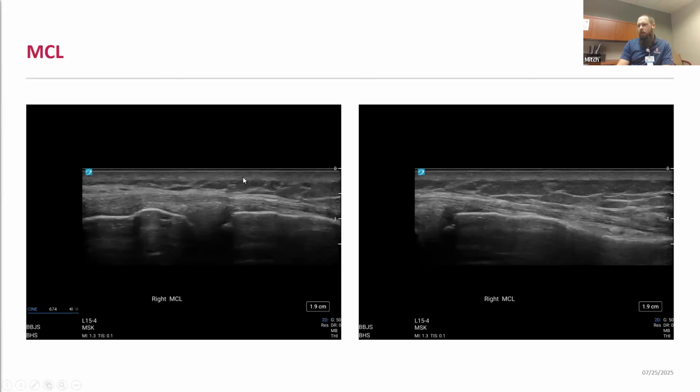Scanning more distally, we get over the tibiofemoral space and start to see the medial meniscus here. Again, I talked about the superficial and the deep components of the MCL. And so on the superficial aspect of the MCL, we see the tibial collateral ligament extending from proximal to distal. And then below that, we can see delineation between the superficial and deep fibers.